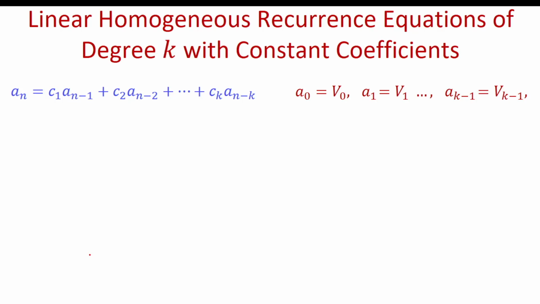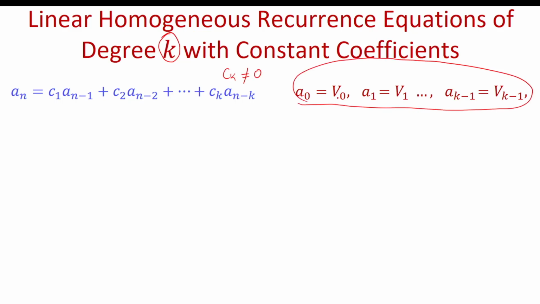So now, till now we focused on the case of degree 2, right? Now we will try to extend or generalize this theory for the case of degree k linear homogeneous recurrence equations. So remember the degree k equation, the general formula is this, where ck is not allowed to be 0, and you may or may not be given the initial conditions.